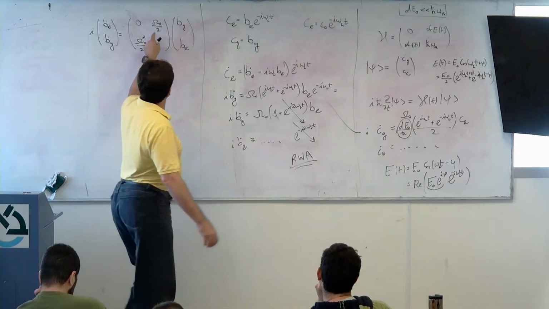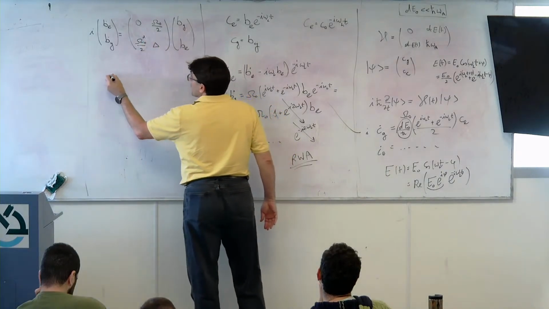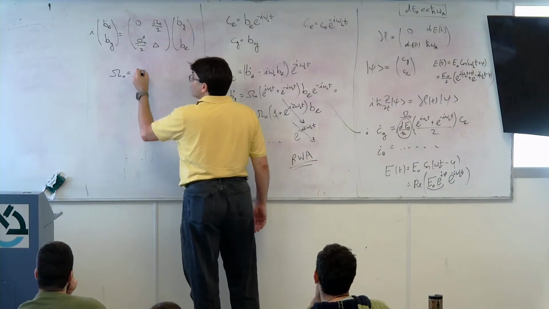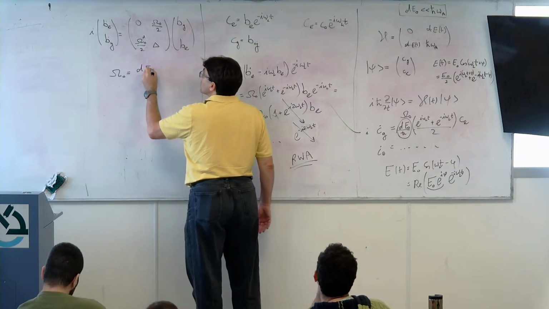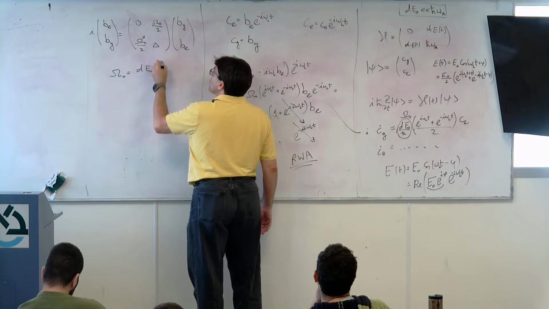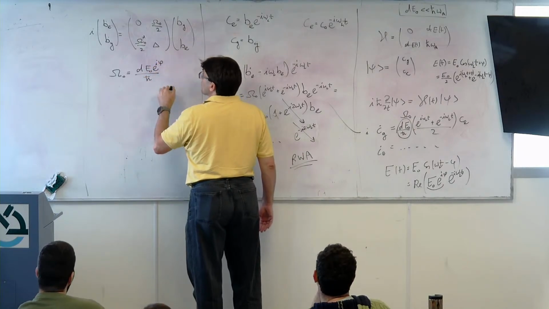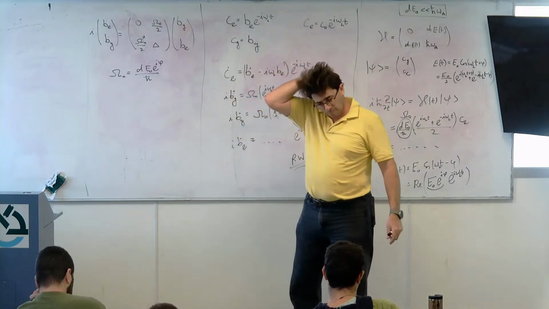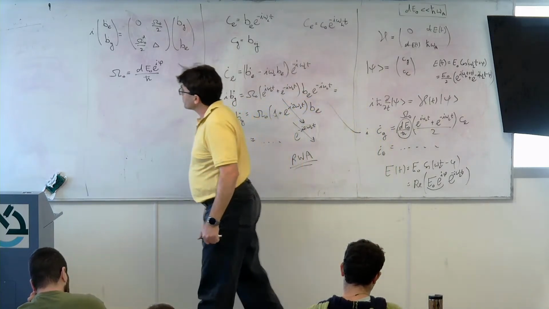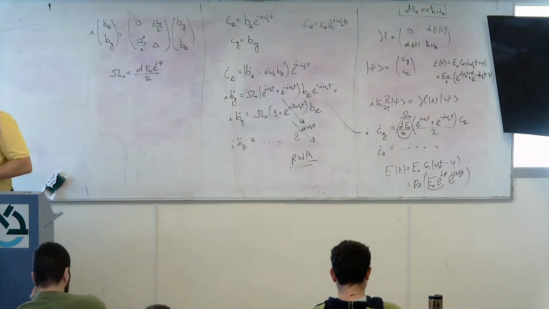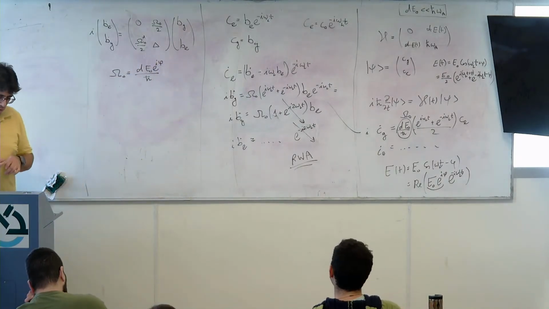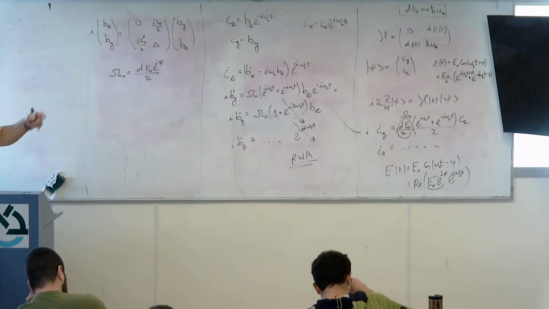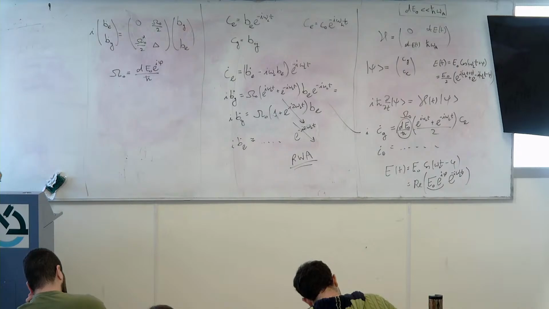So generally, I can write that this omega naught is d times E0 times e to the i phi divided by h bar. It has a phase, the phase of the field. And you can follow the calculation assuming that, and you'll see that you get the same thing.